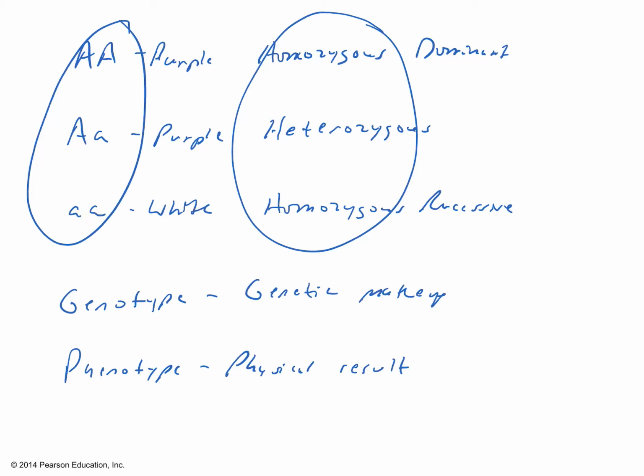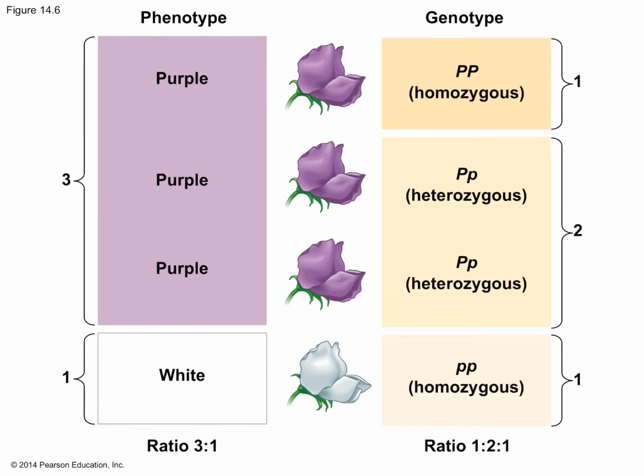So let's take a look at Mendel's results. That 3-to-1 ratio I talked about that he found in his first experiment was called a phenotypic ratio. It's the ratio of one phenotype, purple, to the other, white. So that was a 3-to-1 phenotypic ratio. But we can also look at that in terms of a genotypic ratio.